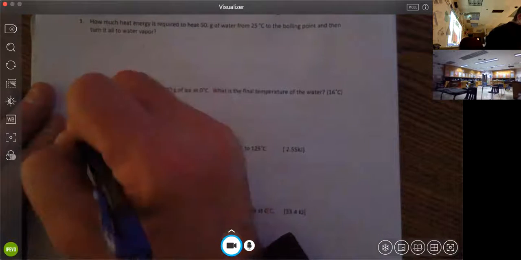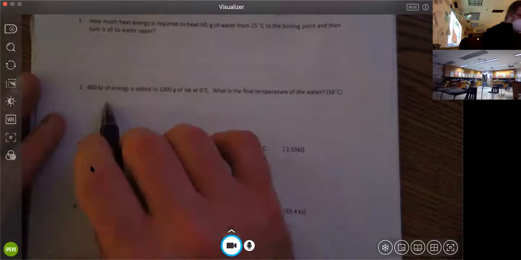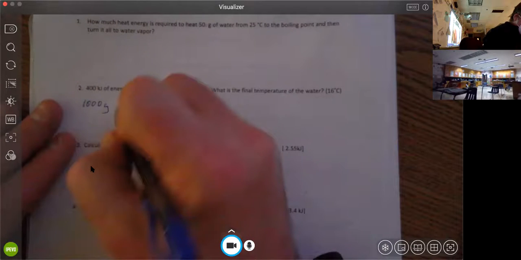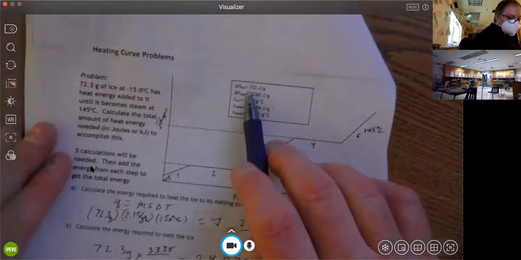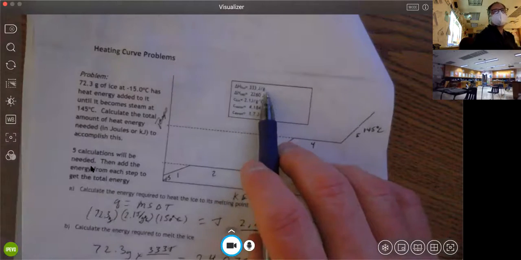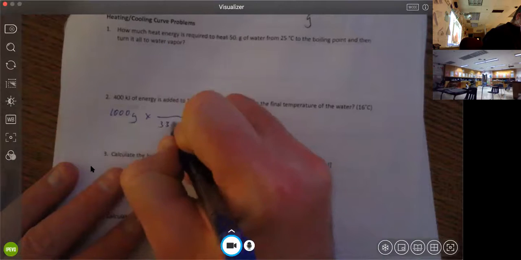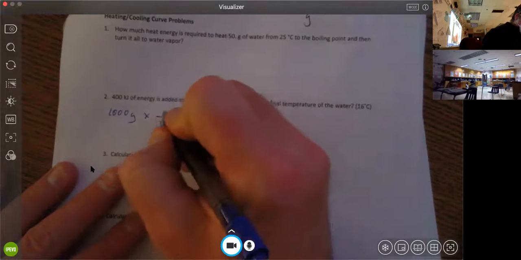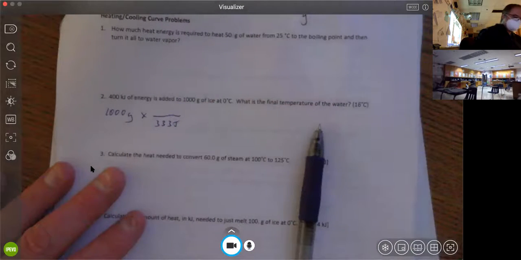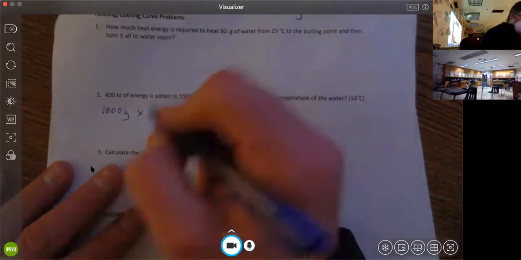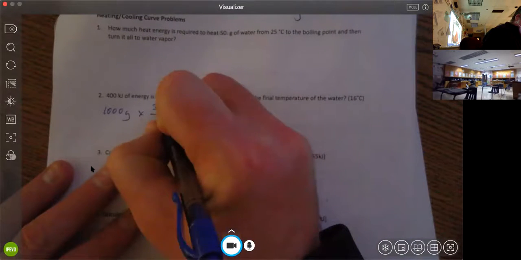So let's take, and we have 1,000 grams of ice. It takes 333 joules per gram. Every 1 gram takes 333 joules.